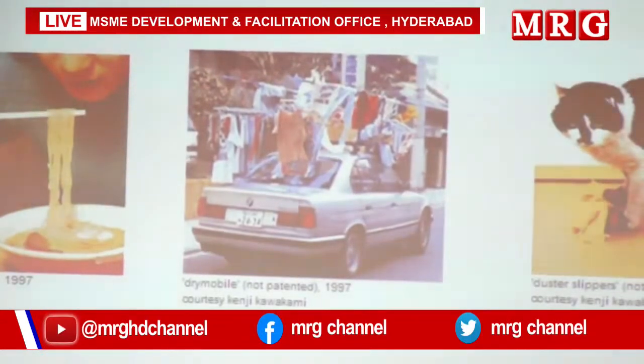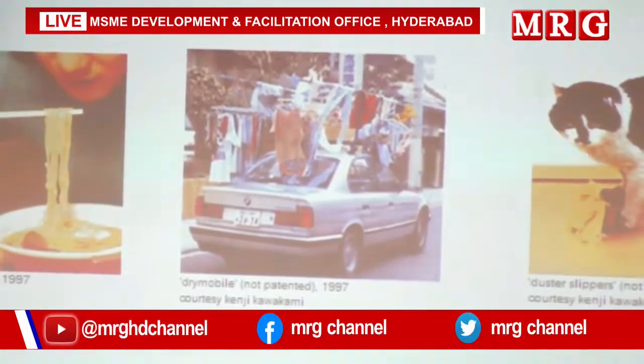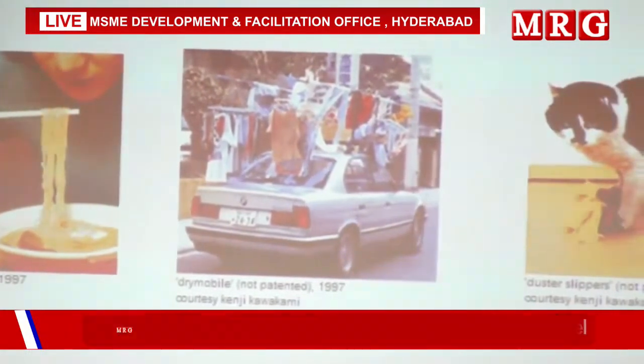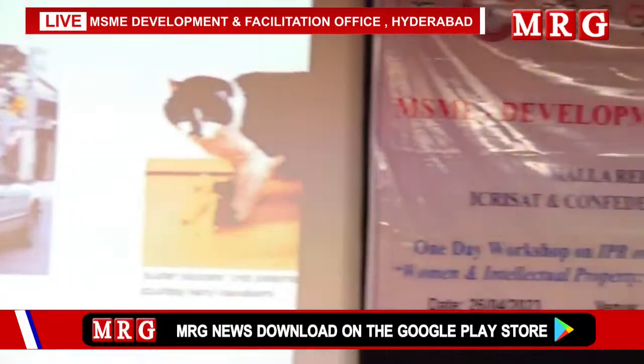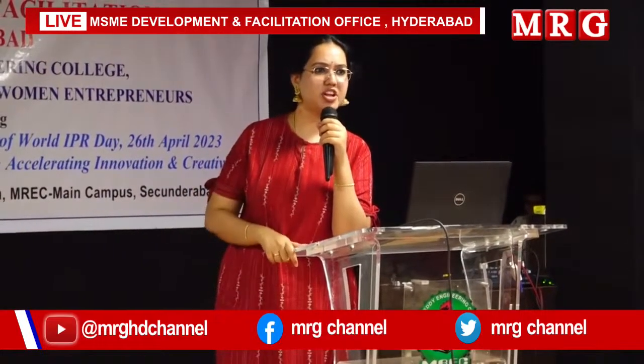People are creative. Don't you think these are creative solutions? They are. If I have to support this dry mobile, I'll say when I go for a trip and I don't find a stand or anything to dry my clothes, this will help me, right? When I'm going trekking and all.